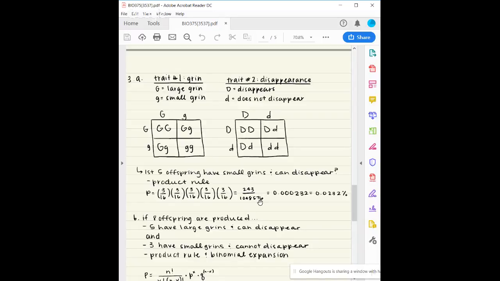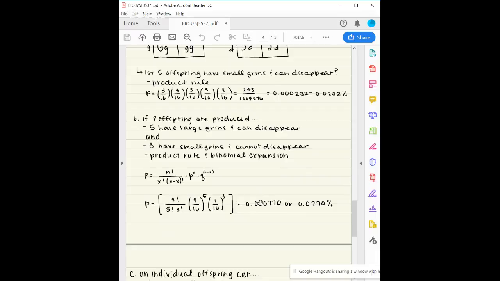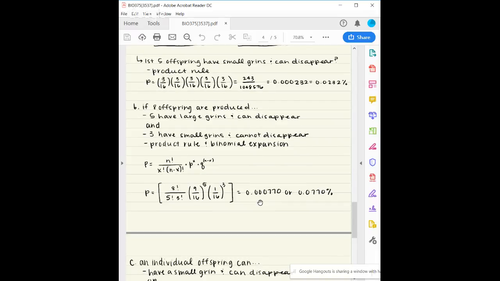And then for B, it's asking what is the probability that if 8 offspring are produced, 5 have large grins and can disappear, and 3 have small grins and cannot disappear. So I used the equation involving P, and I just plugged in all the numbers. So P equals 8! over 5! times 3!, and then that times 9/16.